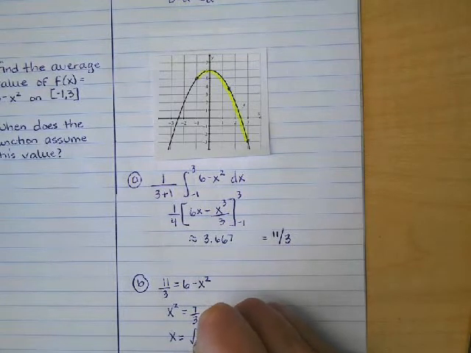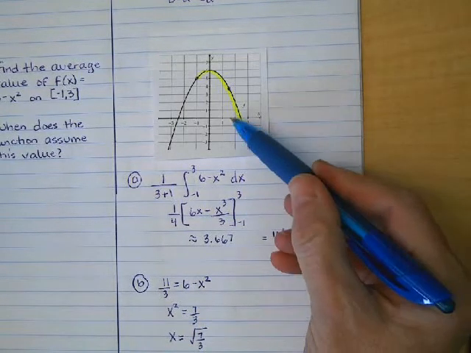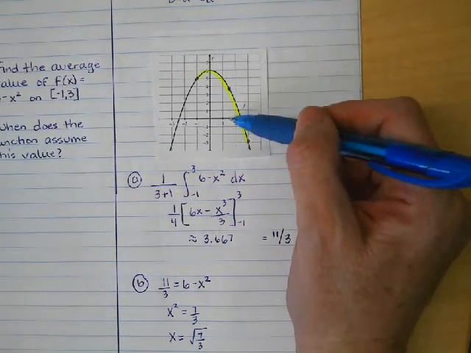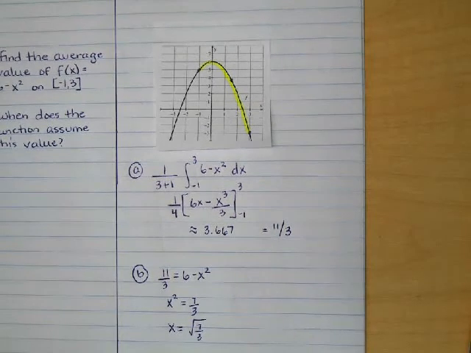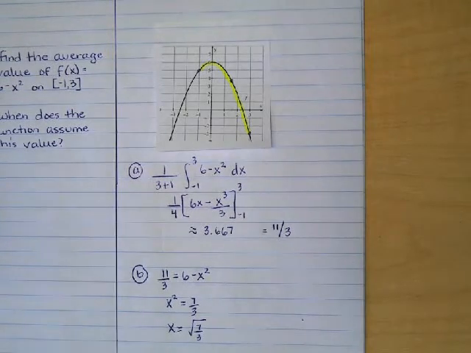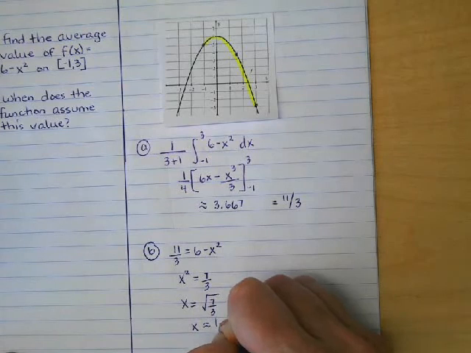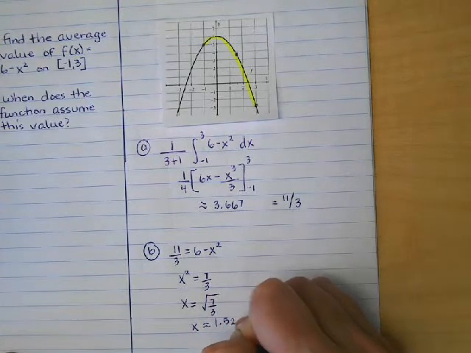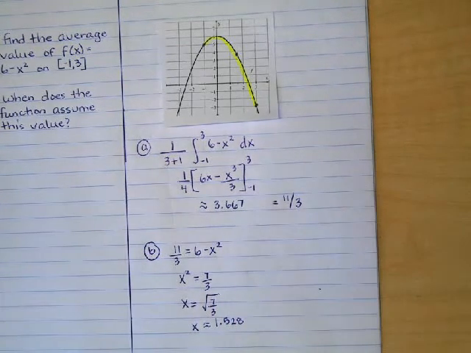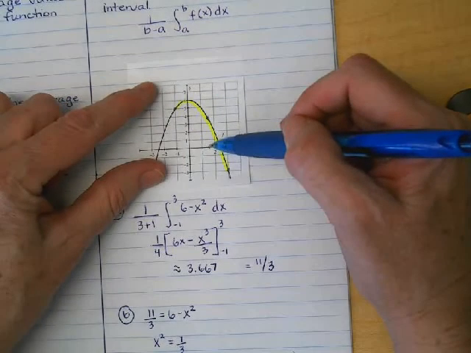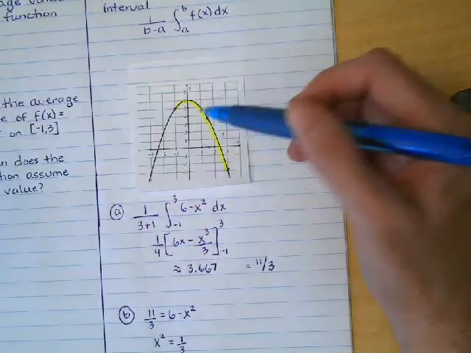I'm not going to put a plus or minus, because the left-hand side is not in the interval; it's got to be on the right side. If I take the square root of 7 divided by 3, I get about 1.528. So it took on its average value right around there, and that looks correct.